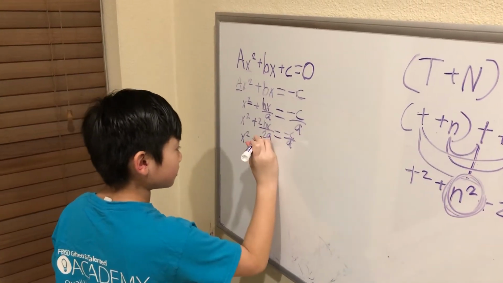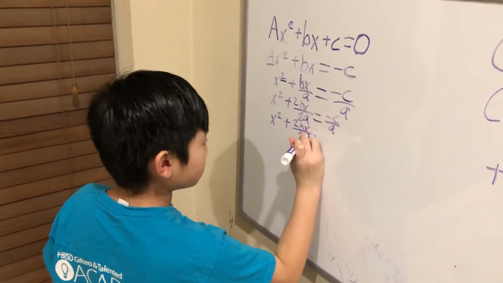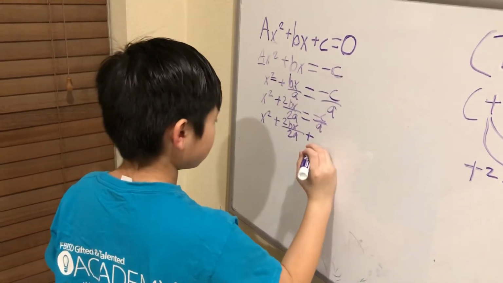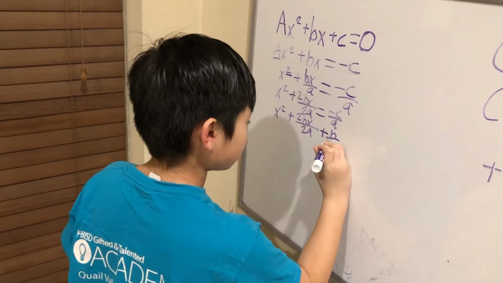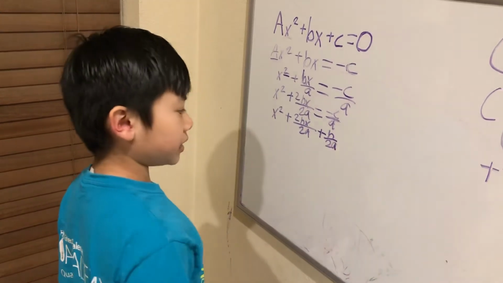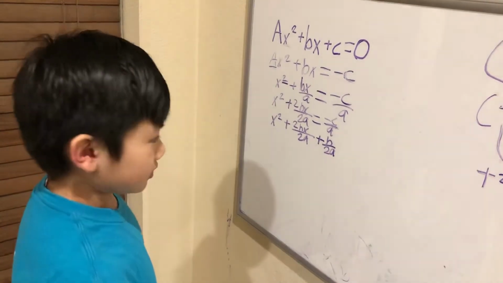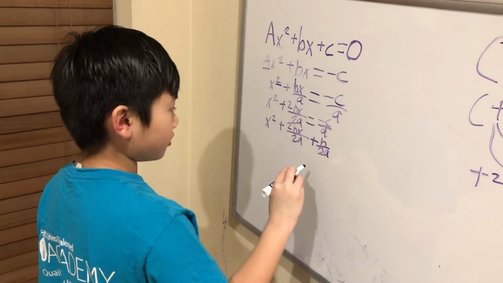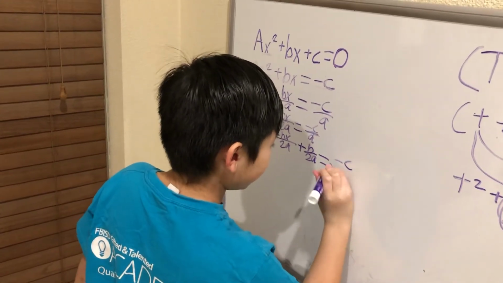b divided by 2a. So if we add b divided by 2a on this side, we must also add it on the other side.